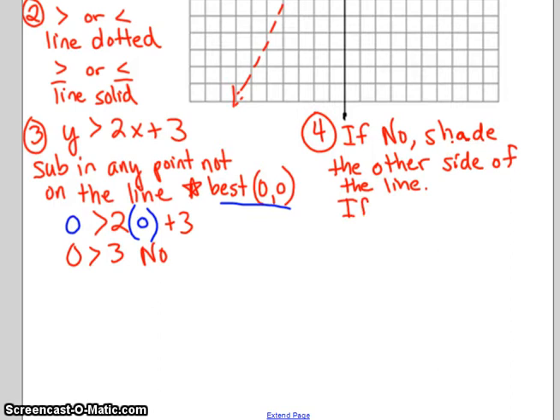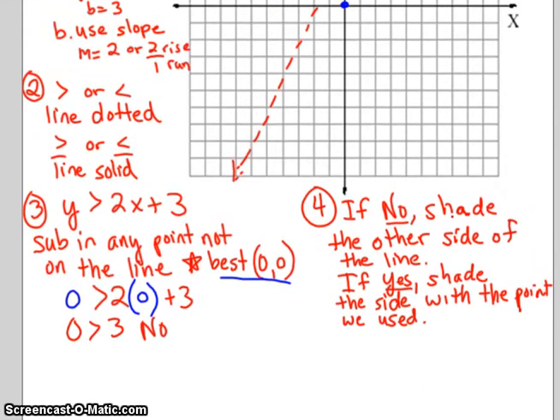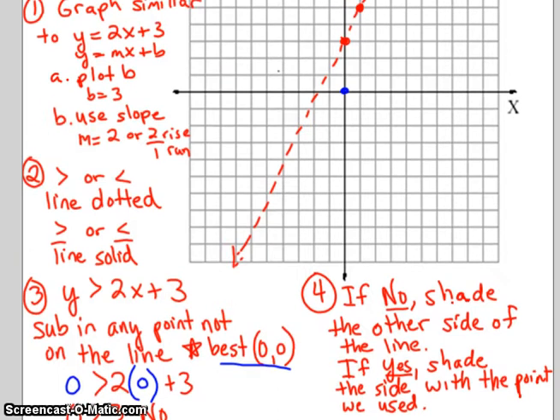If it was yes, we would shade the side with the point we used. Okay, so in this case we got no for an answer because 0 is not greater than 3.